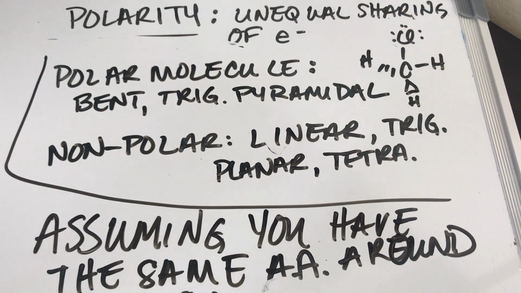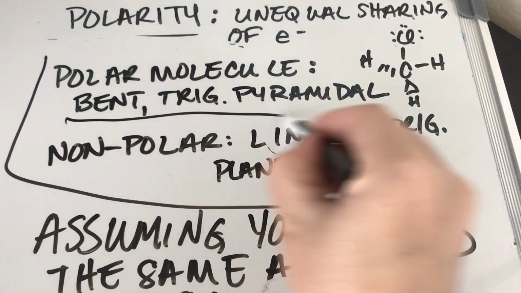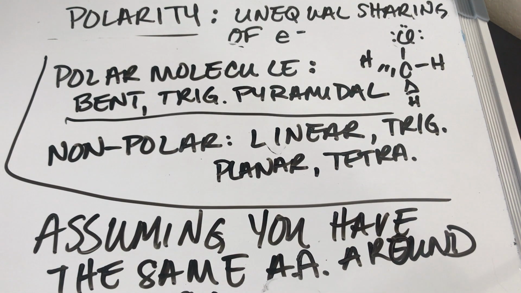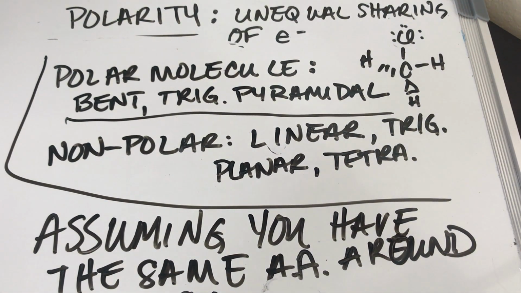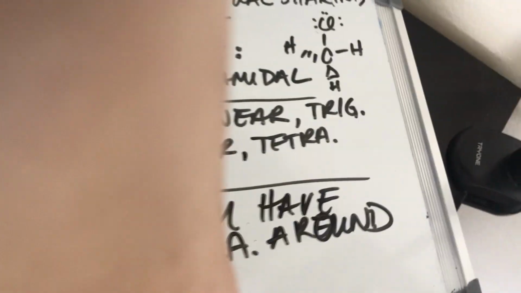That asymmetry can either be an asymmetric geometry, or it can be asymmetric attached atoms, meaning you don't have all of the same attached atoms around. Everybody all right with me there? I'm going to turn this off so it doesn't die.